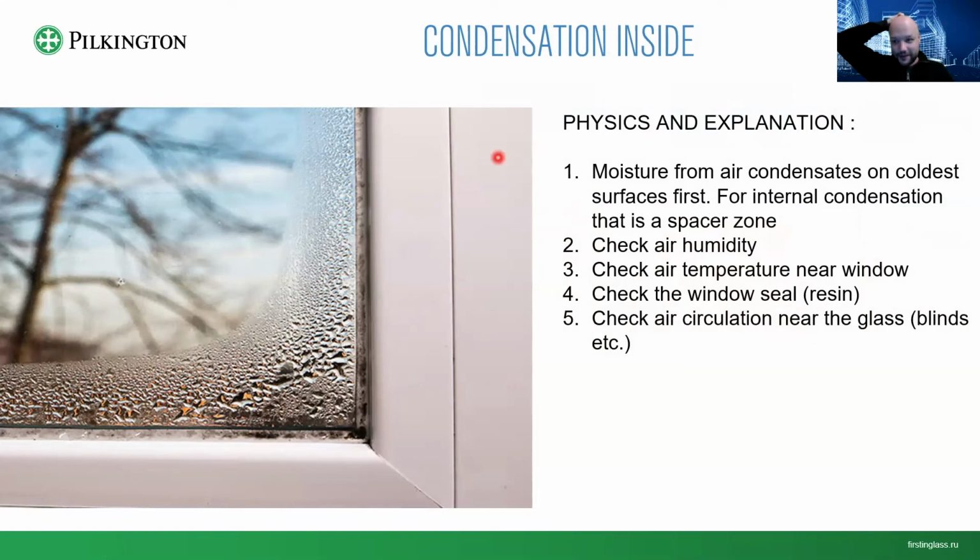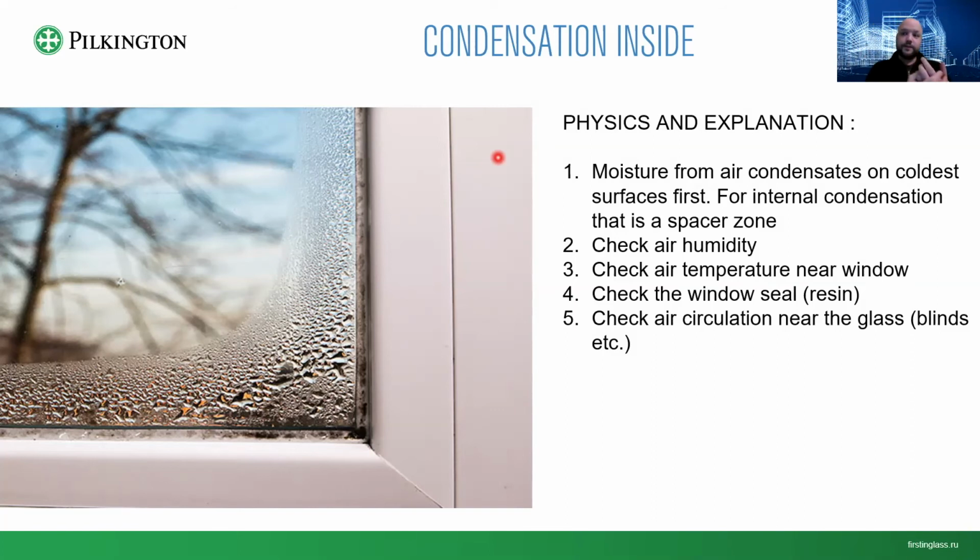It usually happens in cold climates, of course. So inside is hot, outside is cold. And here, a lot of heat is going through the edge zone, through the spacer. That means if we're looking at the IG unit from the inside of our building, the edge zones are much colder. And depending on the conditions in the room, you may have condensation. If the customer complains about this, you will have to check the humidity.